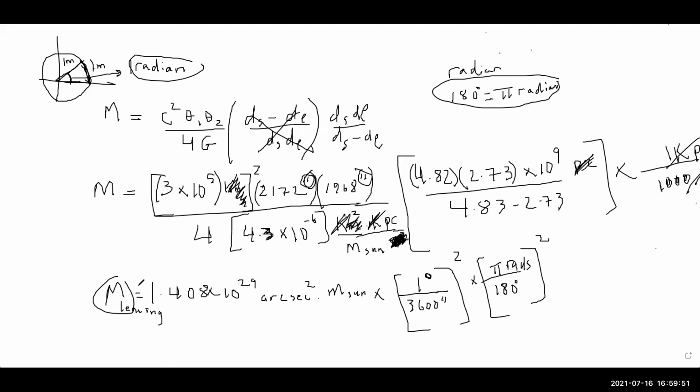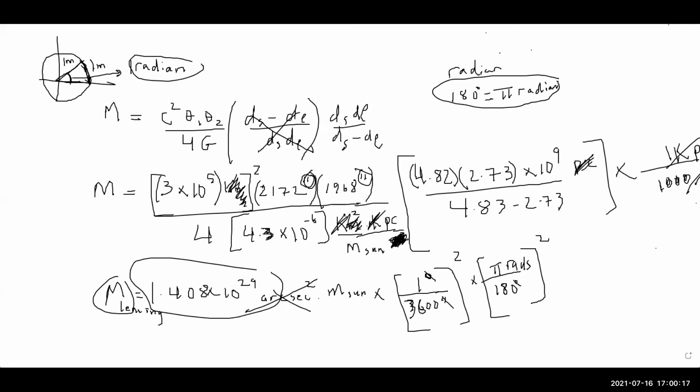So you take this number, you divide it by 3,600. So you see the arc seconds is going to cancel arc second squared. And 180 degrees is going to cancel with this. Then you're going to be left with radian squared, which is unitless. You see? So now you divide the number we got by 3,600 squared and also divide it by 180 degrees squared.